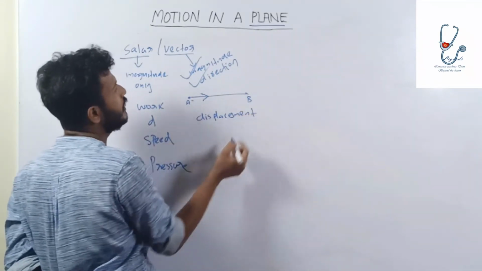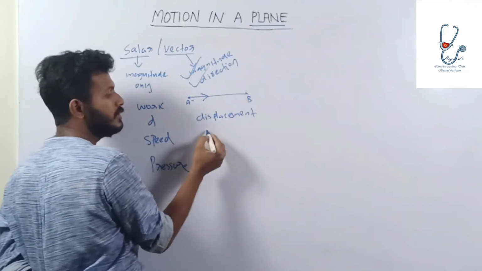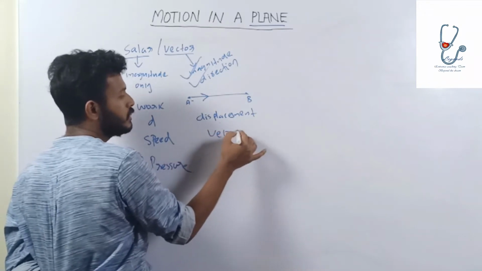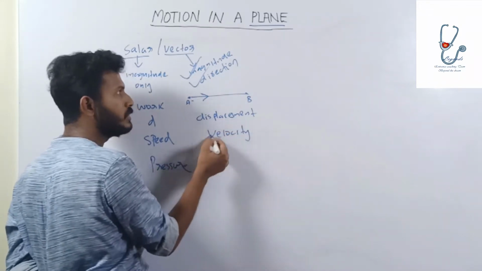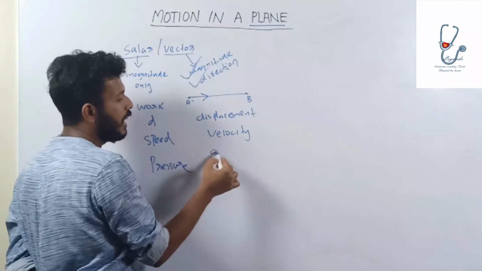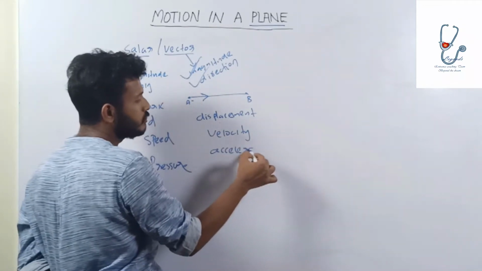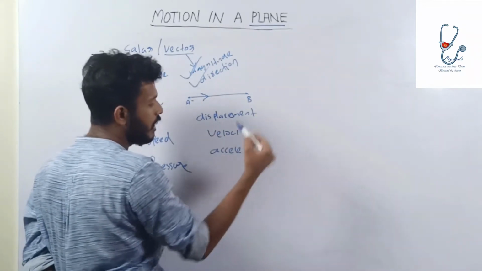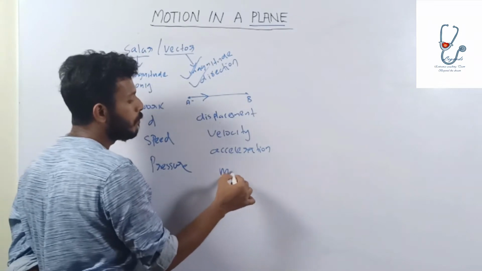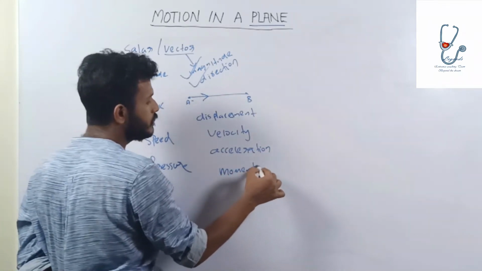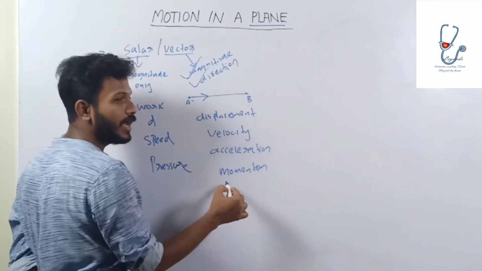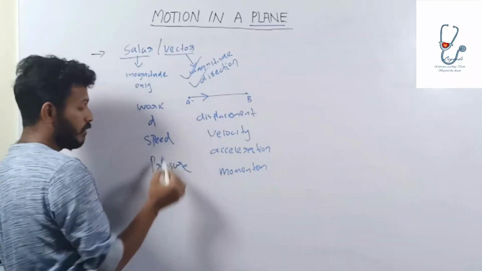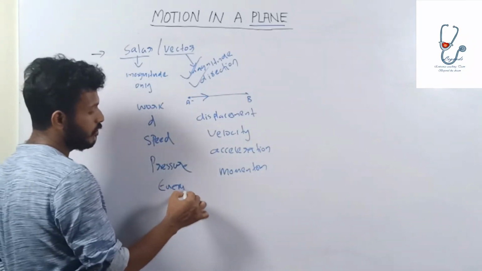Next, another quantity is velocity. It is displacement by time. So velocity is also a vector. Acceleration is also a vector quantity. Also momentum. Momentum is a vector quantity. And kinetic energy is a scalar quantity. Energy is a scalar quantity.